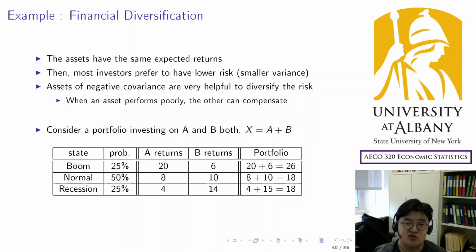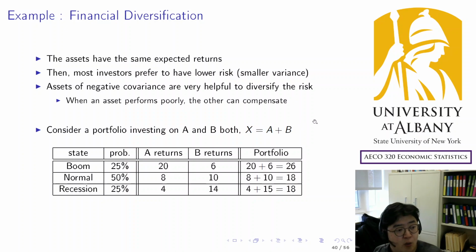Now, what we are going to do here is, in this simple example, the expected returns from A and B are the same. Then the investor wants to minimize the risk, the variance or the standard deviation, right? In finance, usually the risk is measured by standard deviation. So in that sense, negatively correlated assets are really valuable, really useful, right?